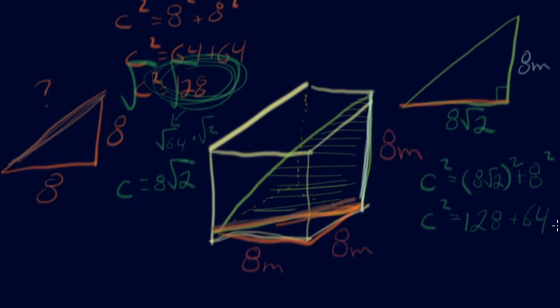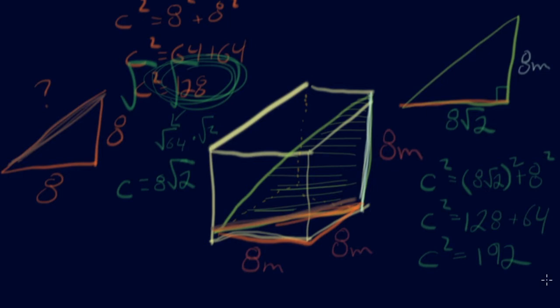When you add both of those together, you get 192. So c squared is equal to 192. But are you finished yet? You are not finished. You have to think about whether you can simplify this. Can I think of a couple of numbers where this would work out?